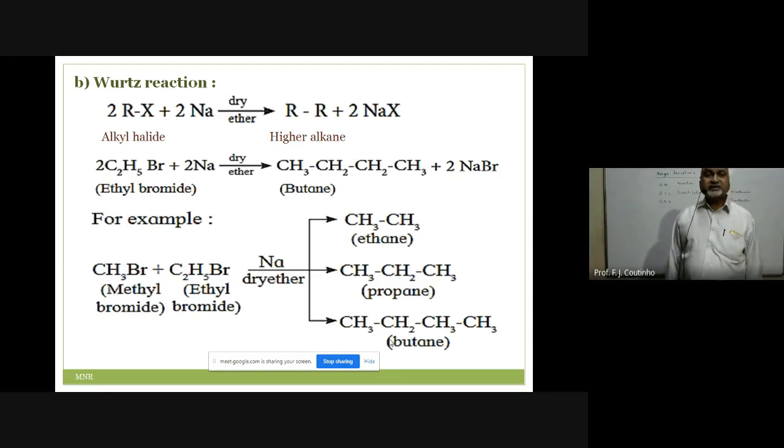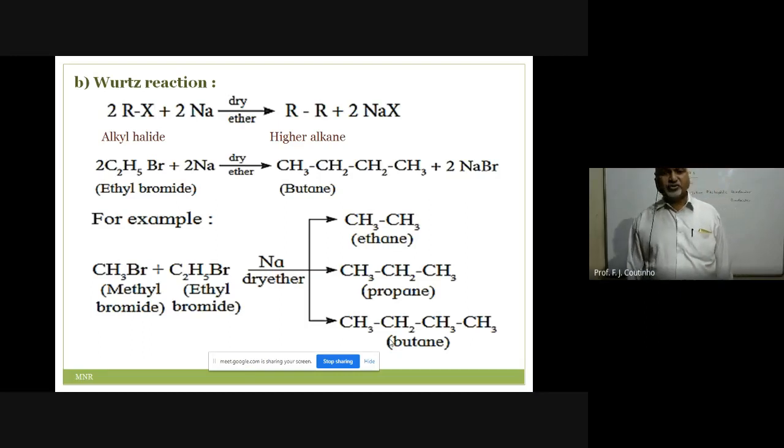Here again, the condition is dry ether. Sodium has a high affinity for hydrogen or water. If you bring water and sodium into contact, there is an explosion. That's why dry ether is a condition once again.